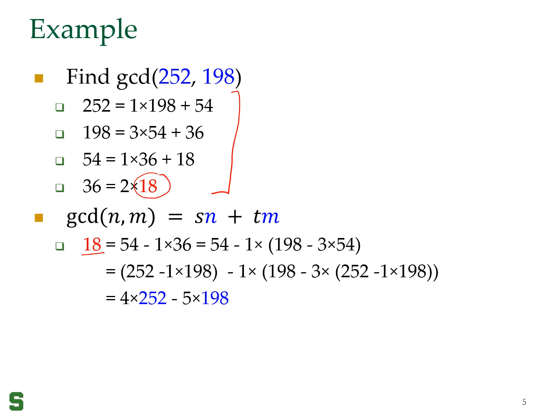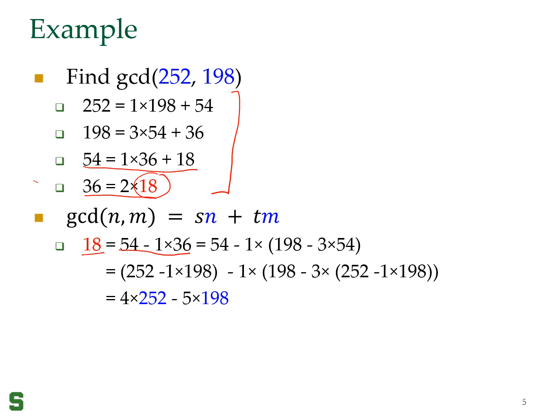So for example, I'm going to use the first equation here to write 18 as 54 minus 36. Now 54 is not our original number, 36 is not our original number, so we want to replace them to get to the original number somehow.